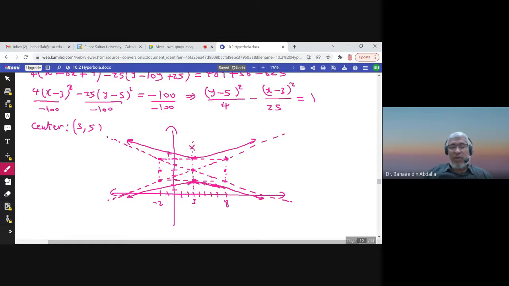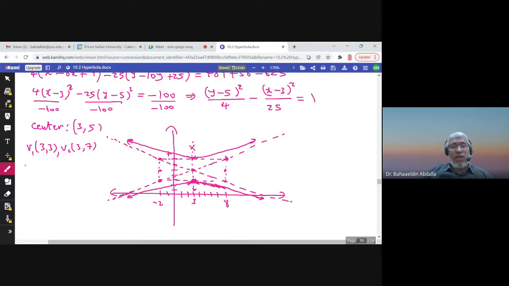The foci would be here. If he asks about the vertices, for example, well, one of the vertices is this vertex, 3 and 3. And the other vertex is 3 and 7. Because we added 2 up and 2 down from the center, which is 3 and 5.